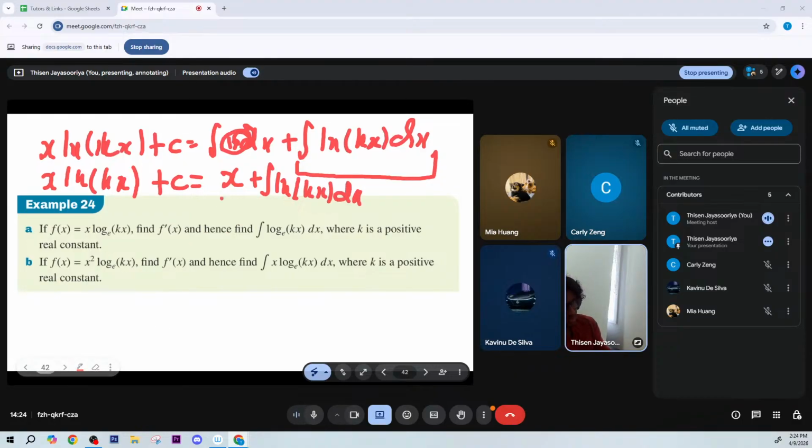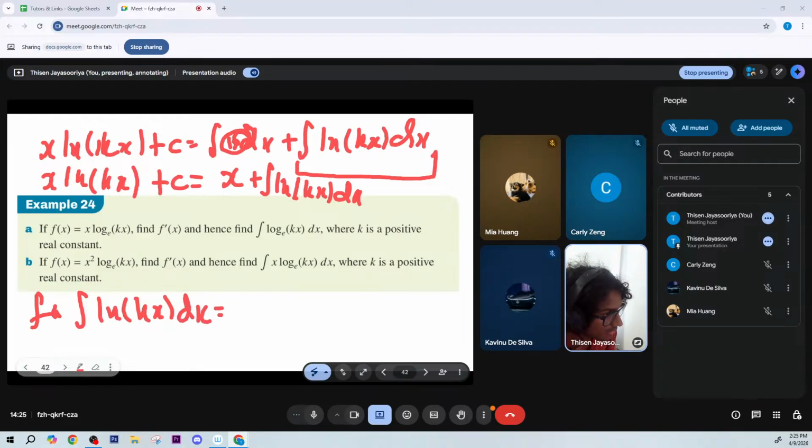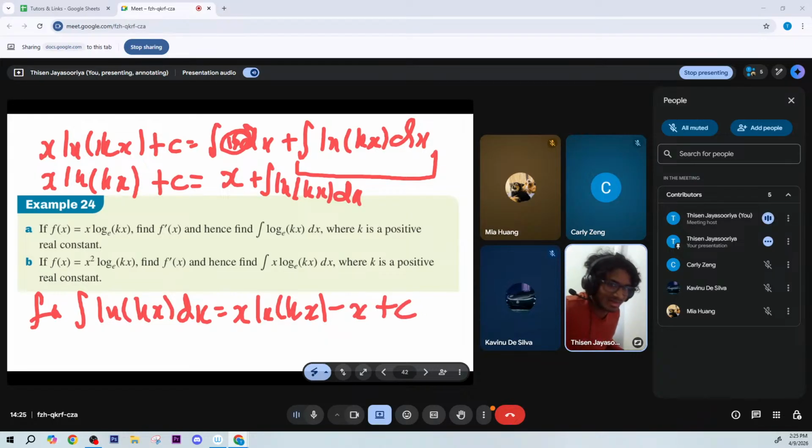Hence, what we can do is we can subtract x from both sides, and then we get here the integral. Why is my pen doing this? We get here the integral of ln of kx dx equals x ln kx, take x plus c, right? Does that make sense? Does anyone have any questions about that?